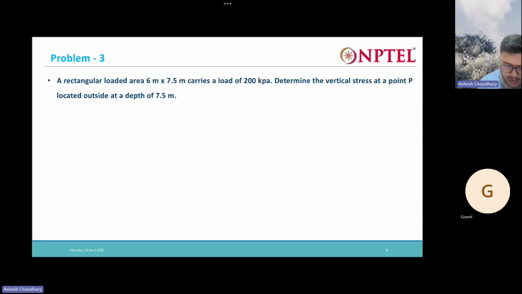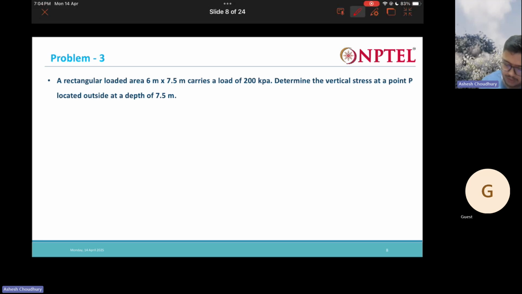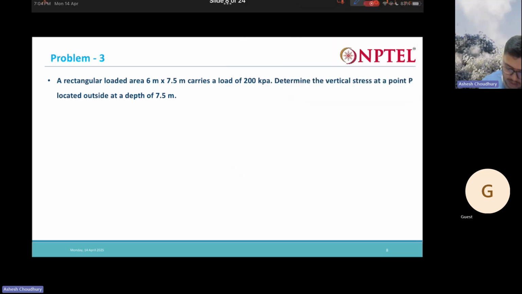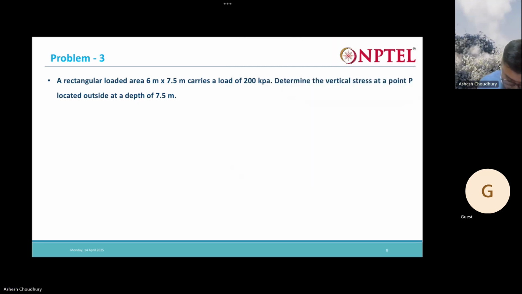Rectangular loaded area, 6 meter into 7.5, carries a load of 200 kPa. Determine the vertical stress at a point P located outside at a depth of 7.5 meter. Okay, so let me just write it. This is 7.5 meter.